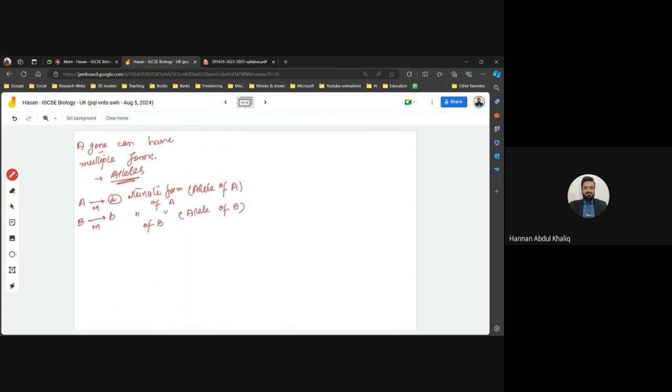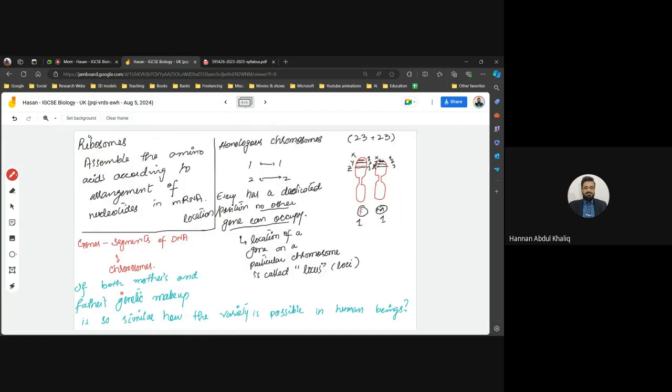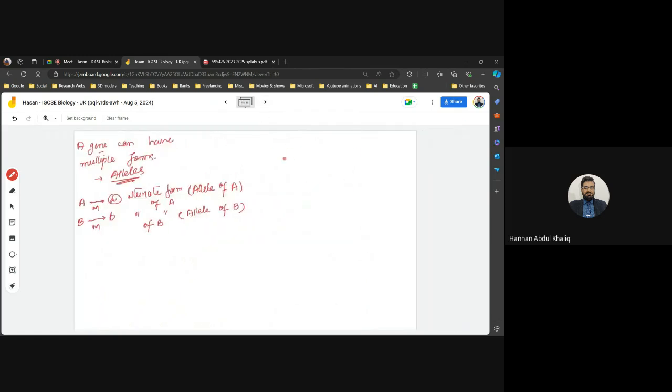Now that is the main thing. Let's get back to the concept. We are trying to answer: if both mothers' and fathers' genetic makeup is so similar, how is the variety possible in human beings? See what happens when you get the chromosomes.